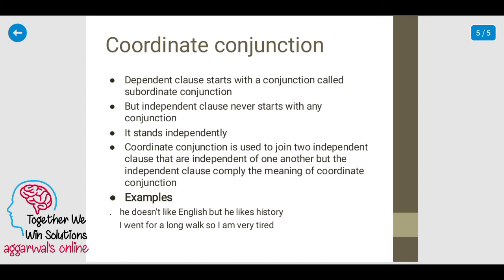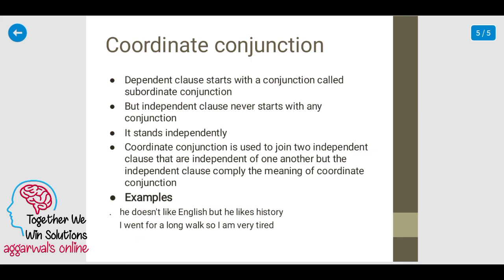See, he doesn't like English but he likes history. The clause following the conjunction but always goes by the meaning of but. But means contradictory. He doesn't like English but he likes history. So here but is introducing another independent clause, and that independent clause is different from the first one.